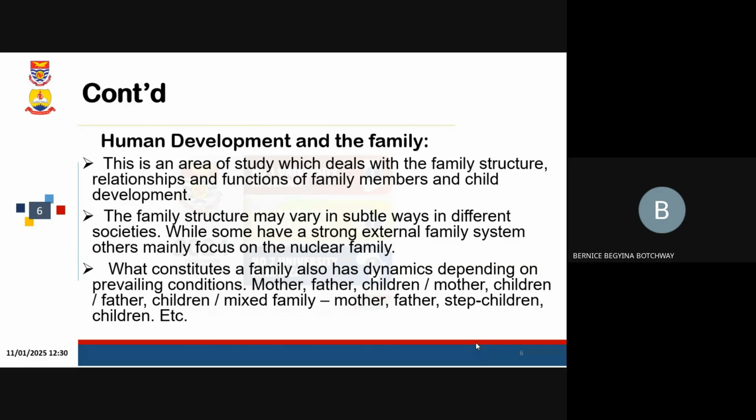So we get to know the family structure and what constitutes a family, the members in the family, and even the types of family, which will depend on the prevailing conditions: a single family, a mixed family, a blended family, an extended family.